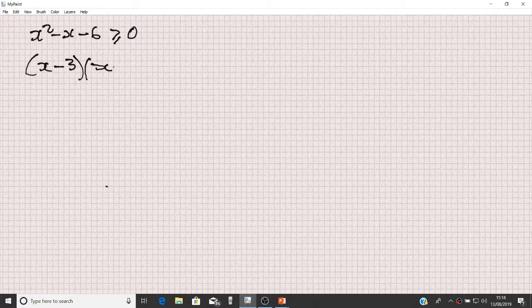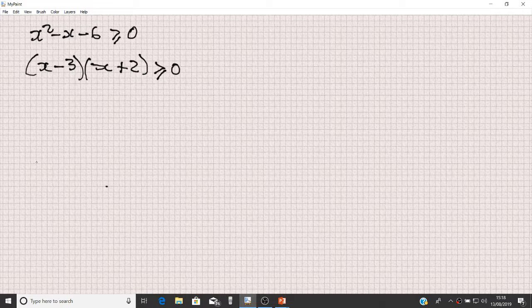The quadratic was x squared minus x minus 6 is greater than or equal to 0. And we'll factor it. It's going to be, sorry, not 3 and 4, 3 and 2. So it'll be x minus 3 and x plus 2 is greater than or equal to 0.